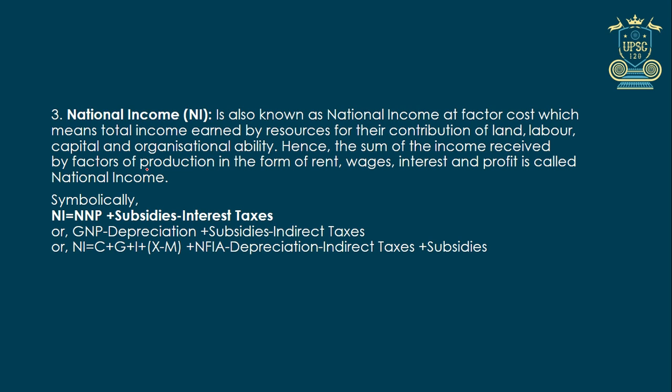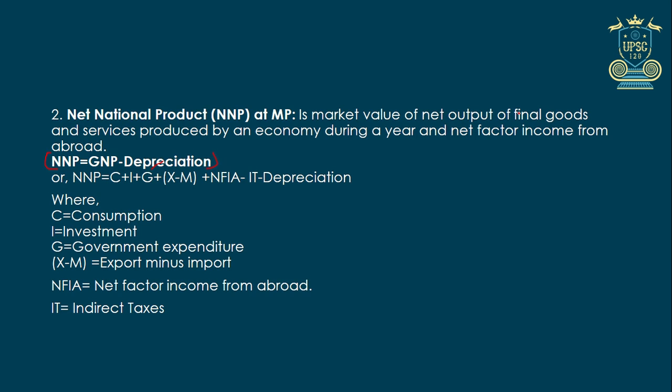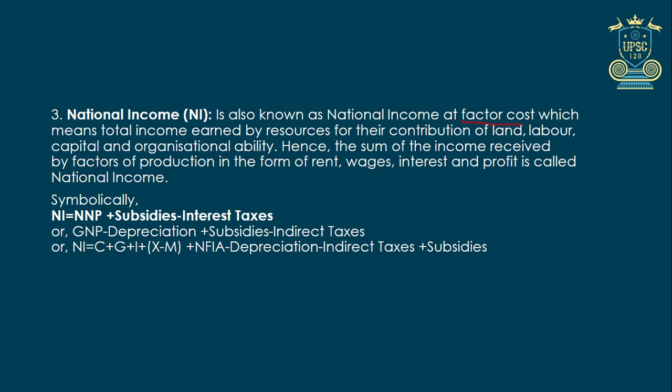Now, coming to national income, how is national income in particular calculated? National income at factor cost. We saw market price and factor cost; earlier we saw NNP at market price. Now what is the difference between market price and factor cost? Let me first explain this.